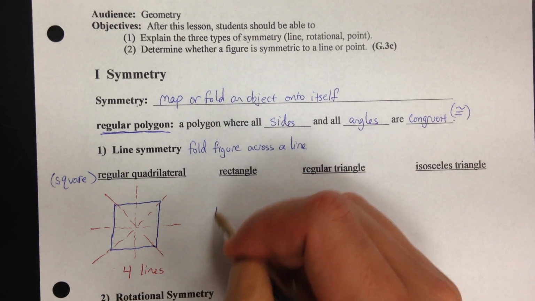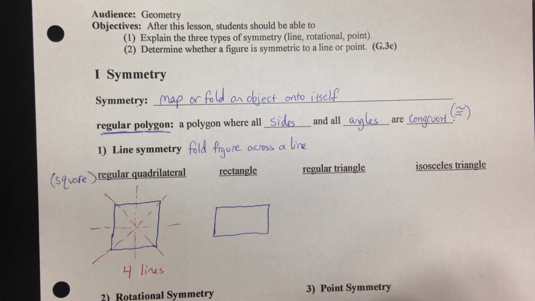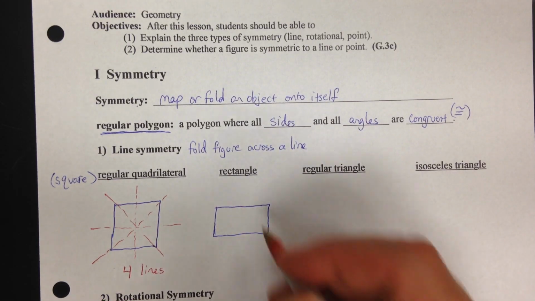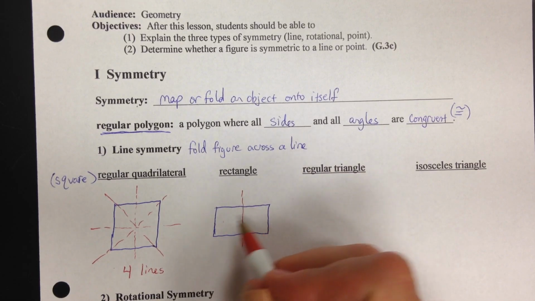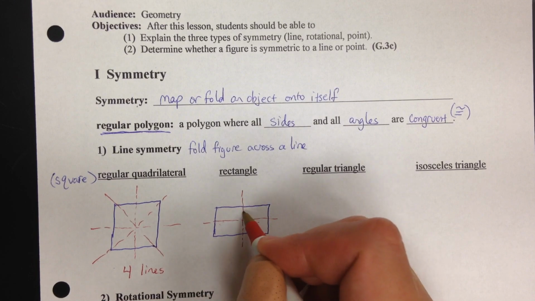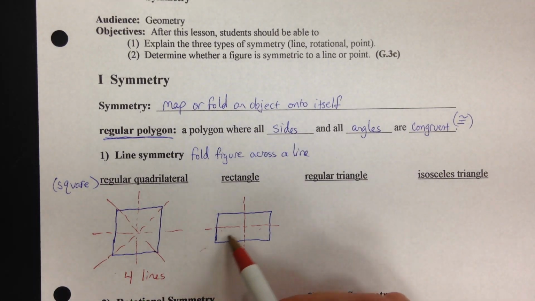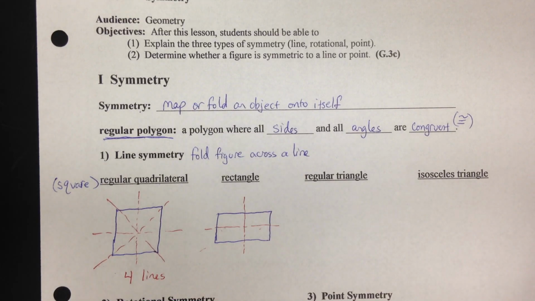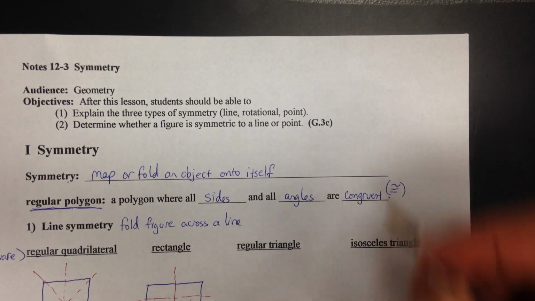If you take a rectangle and we try to draw lines of symmetry, yes, we can do a vertical line where the left folds onto the right. We could do a horizontal line where the top folds onto the bottom. But you cannot do a diagonal. And the reason is, okay, I know I don't have a lot of space here, so I'll do it up here.